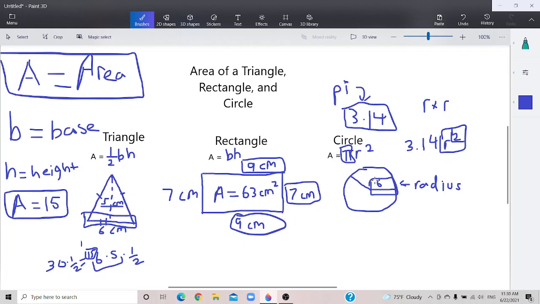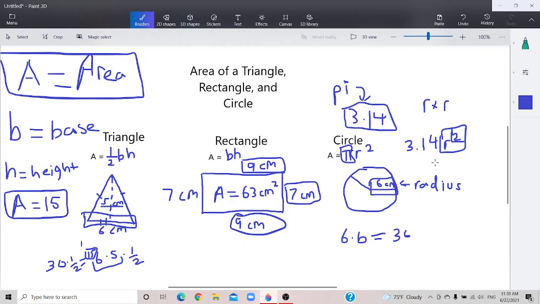Here it's stated that 6 centimeters is the radius. So let's plug this into our formula. We know that 6 centimeters is the radius, so 6 times 6 would be r squared, and this is equal to 36.